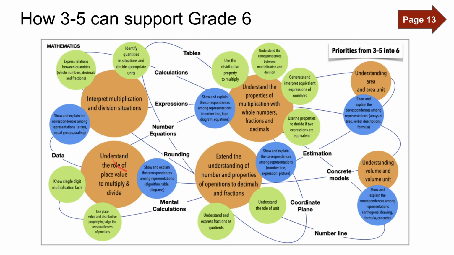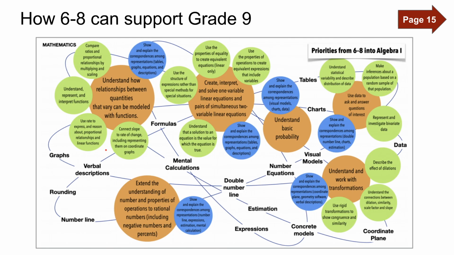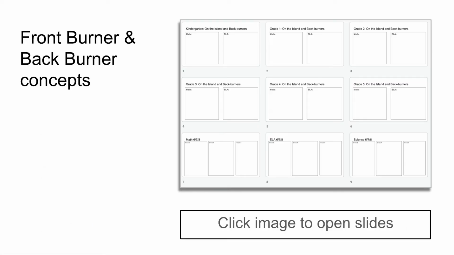Similarly, the 3-5. What are the 6 orange bubbles that 3-5 can do to support 6th grade? And we're really talking, support growth into 6th grade. And then here are the 6 orange bubbles for what 6-8 can do to support learning that will happen in 9th grade. So here's your homework assignment.